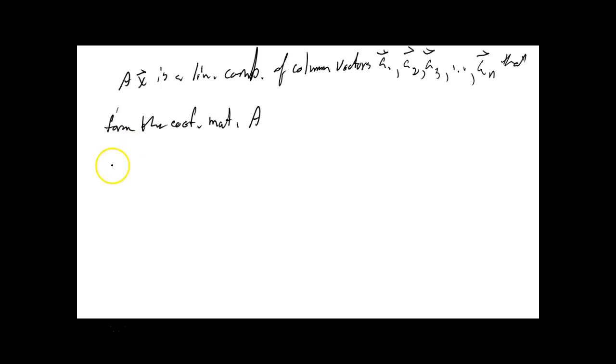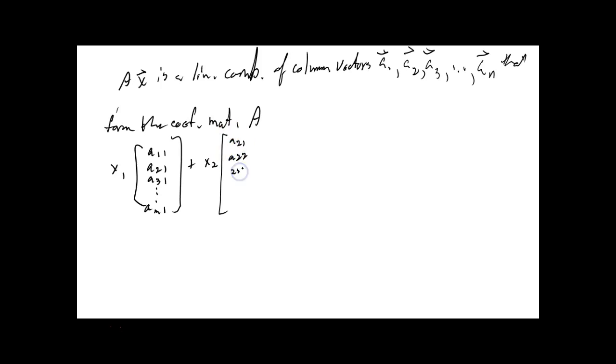And they summarize it here. X1 times A11, A21, A31, dot, dot, dot, down to A M1, plus X sub 2 times the column vector A12, A22, A32. Goodness gracious, I can't read my own writing here.